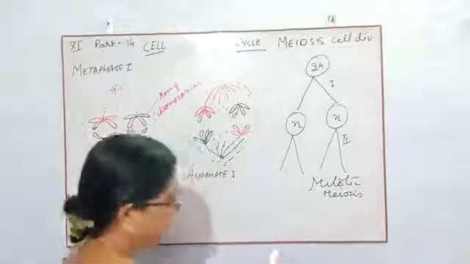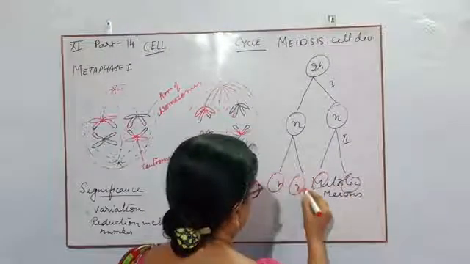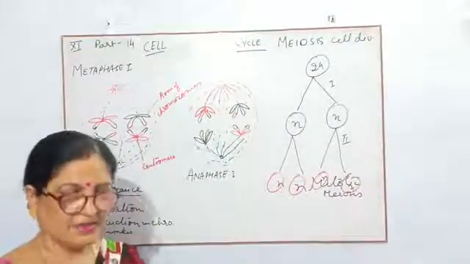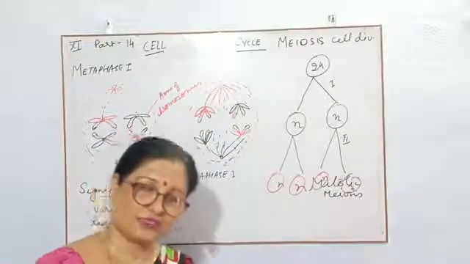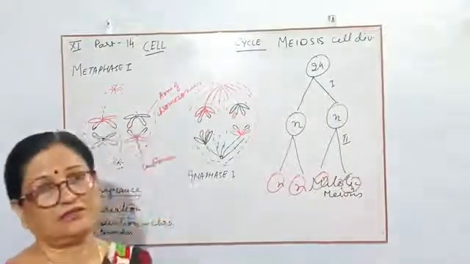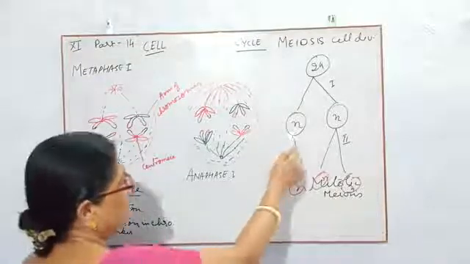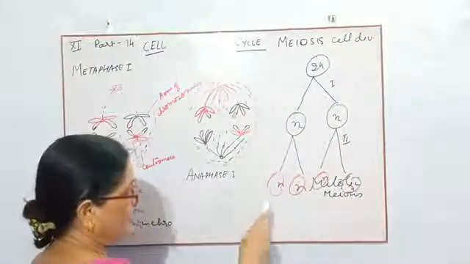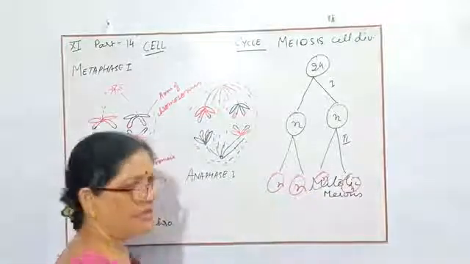If the division is like mitosis, it means all the processes will be like mitosis, that is prophase, metaphase, anaphase, telophase, and the processes will be similar to mitosis, but here the number of chromosomes becomes halved, so the cell is now haploid instead of diploid.